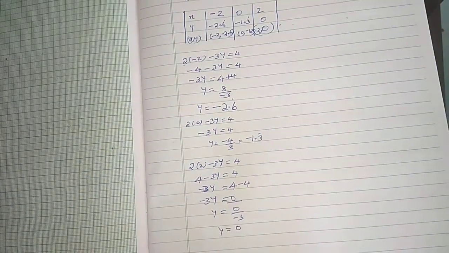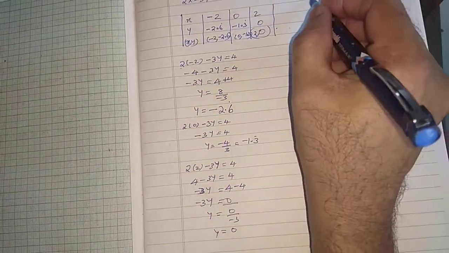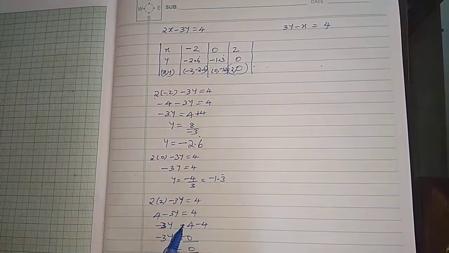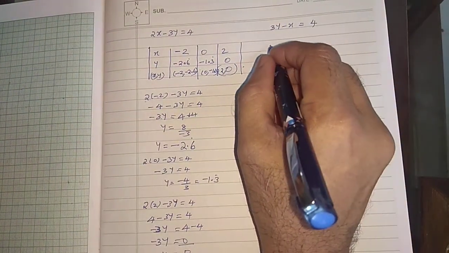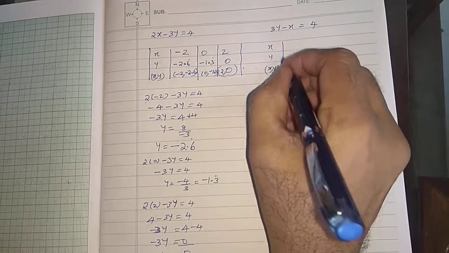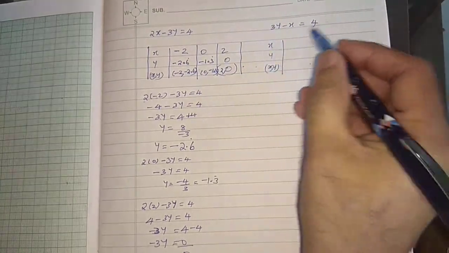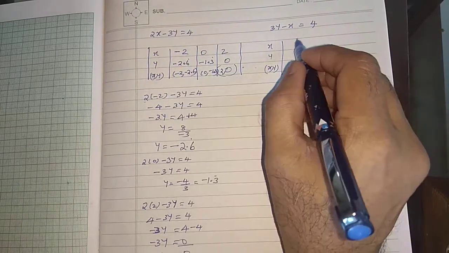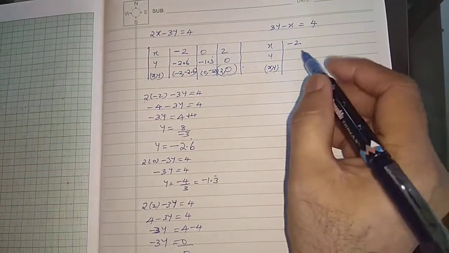We got 3 points here. Similarly, here also we can take x comma y. Put x as the same values, like minus 2.